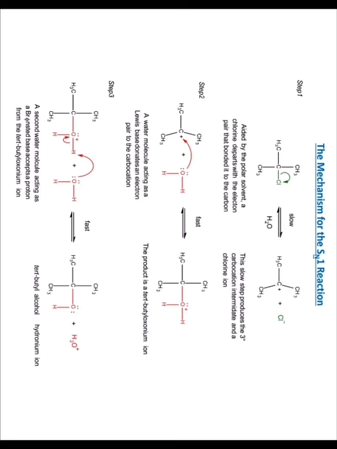The first step is where the halogen leaves, taking the lone pair, forming a new species which is very reactive and unstable, and this intermediate can go straight away to the next step, which is so fast, by reacting with another molecule, the water, to form tert-butyloxonium ion. This goes to the third step, removing the extra proton by another molecule of water to give us the desired alcohol plus hydronium ion.